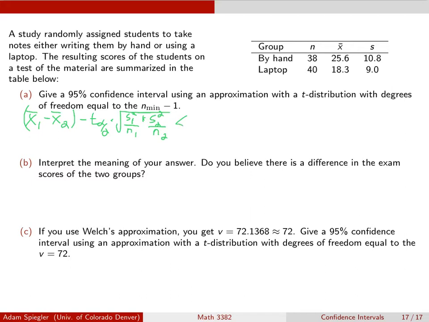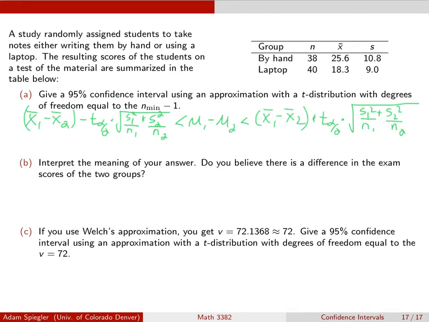The upper bound we get by just adding that margin of error: x bar 1 minus x bar 2 plus t alpha over 2 times the square root of s1 squared over n1 plus s2 squared over n2.